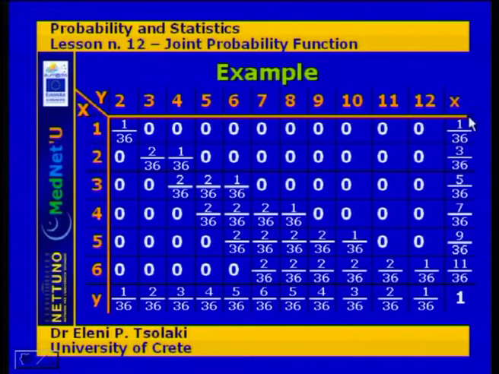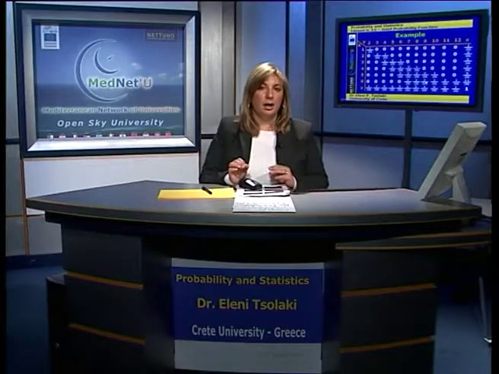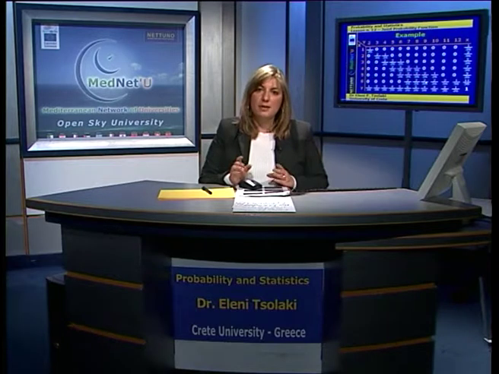In this way, we can understand the marginal distribution function for random variable X and the marginal distribution function for random variable Y. Now we are going to see if these two random variables are independent.